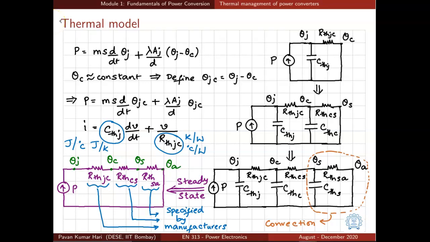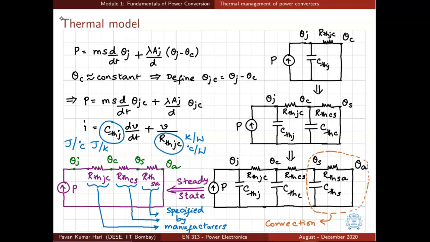Many times it is easier to deal with electrical circuits, so we try to look for some electrical analogy for this thermal process, and we have an equation written here: I is equal to C times dV by dt plus V by R, which is similar to the heat balance equation that we wrote. And what is the value of C here? C is denoted as C_THJ, that is the thermal capacitance, whose units can be joule per Kelvin or joule per degree centigrade.